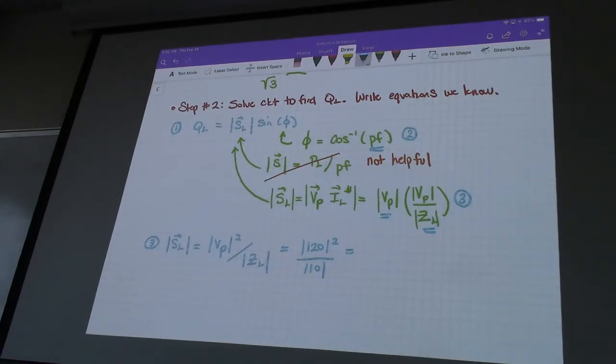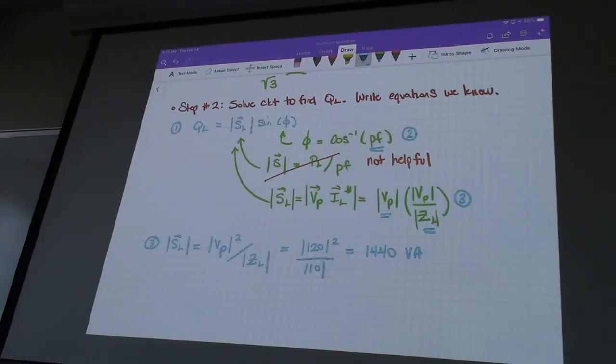120 squared is what? 14,400, so divided by 10, that's 1440 volt amps. Can someone confirm that for me? I can't do math up here. Okay, good.